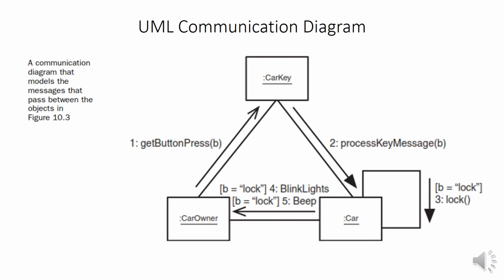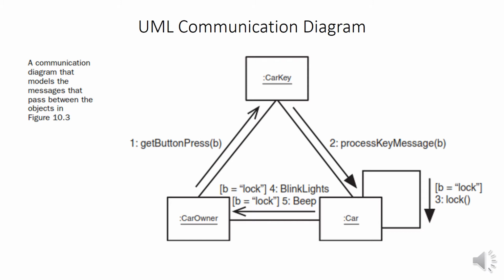We represent links between objects with the help of a straight line. Those objects which have a link between them are able to interact with each other. So along with links, objects can send messages to each other. Messages show the communication between objects. The arrowhead goes from the sender of the message to the receiver of the message.